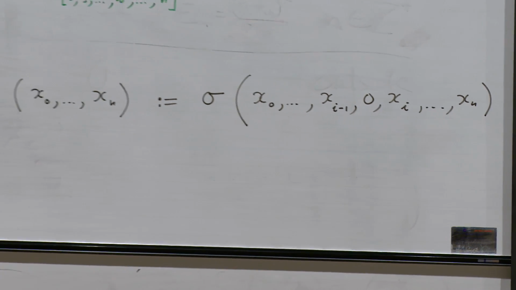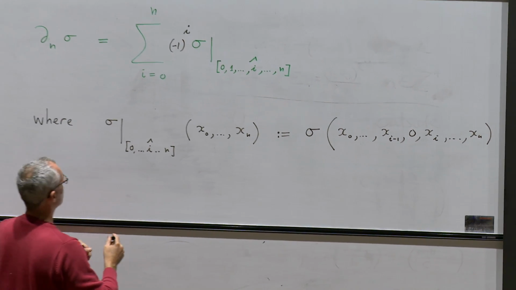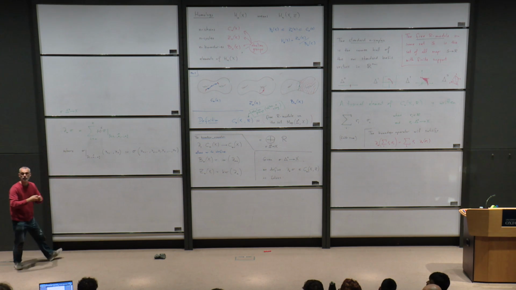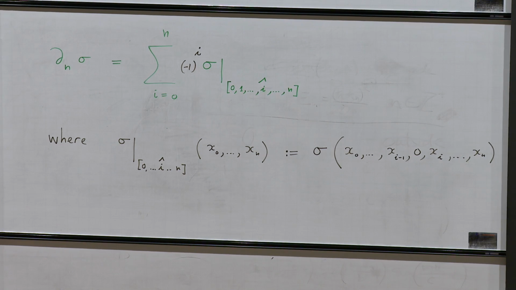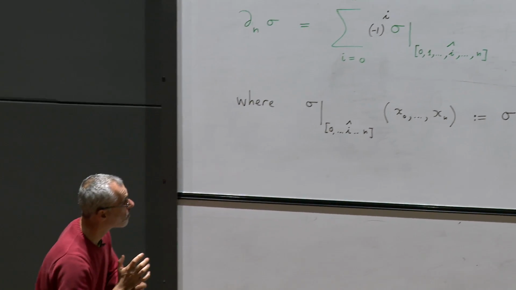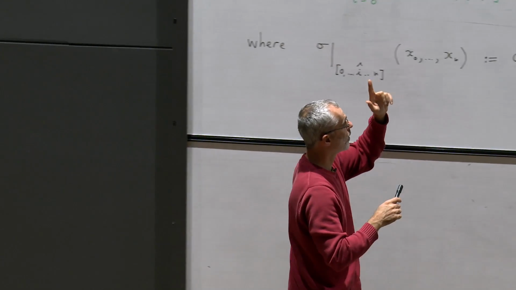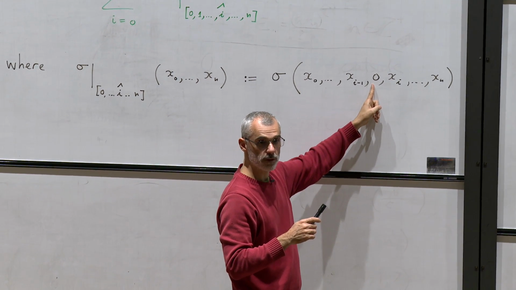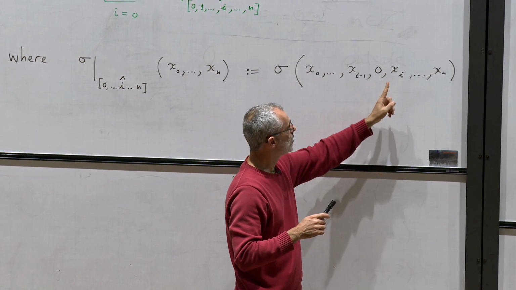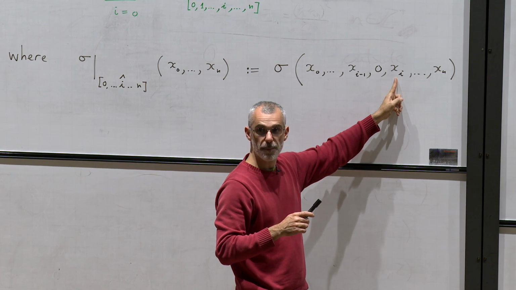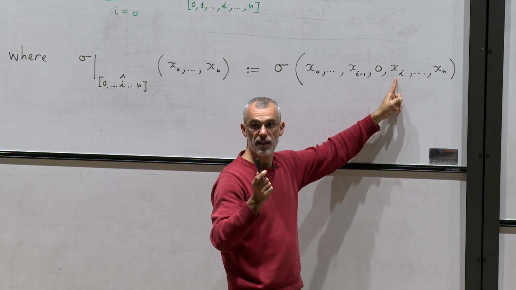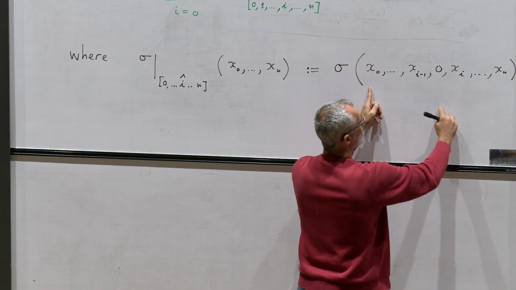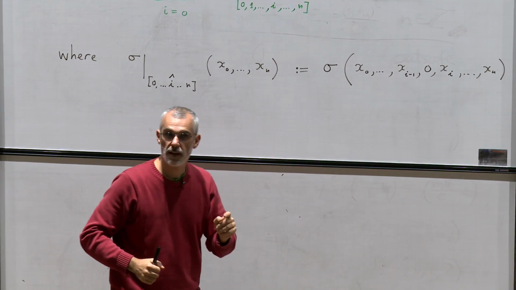So it's the x_{i+1} after the 0. This is the ith spot, and I put the value 0 in the ith spot. This is the i plus first spot, and I put xi because I want to use all those numbers. Now here I have one extra spot to fill.